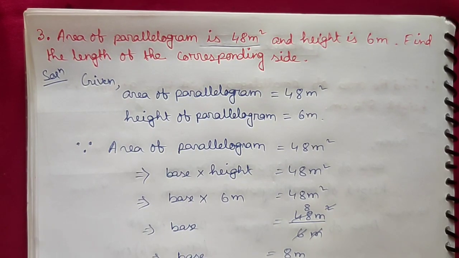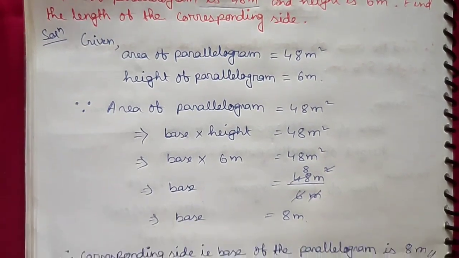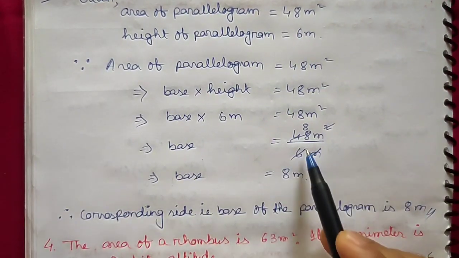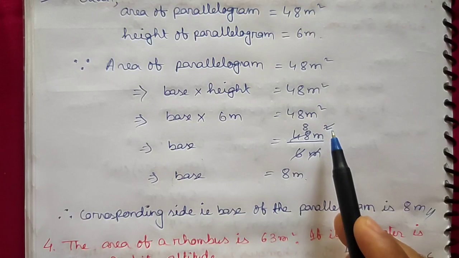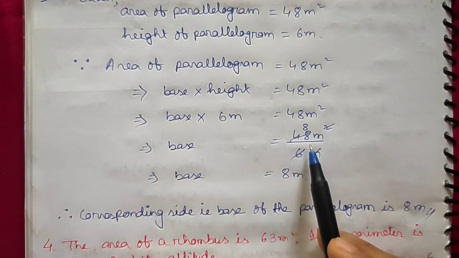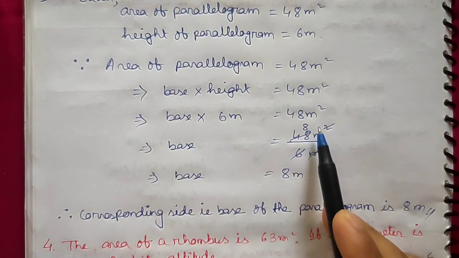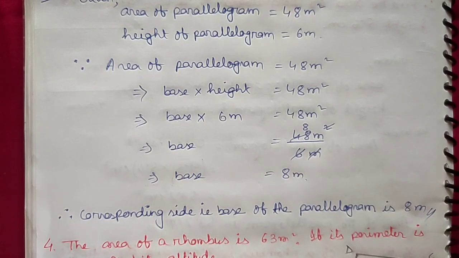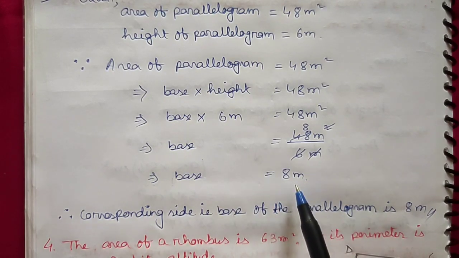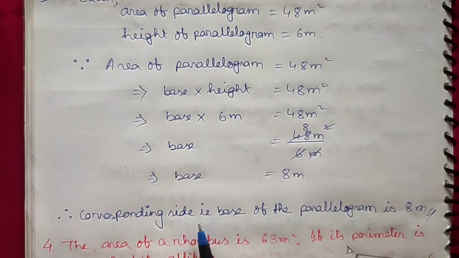So base equal to 48 meter square divided by 6 meter. Now meter square cancel, and 48 with 6, 6 into 8 is 48. Okay, so base equal to 8 meter. Therefore corresponding side, that is base of the parallelogram, is 8 meter. Now come to our next.